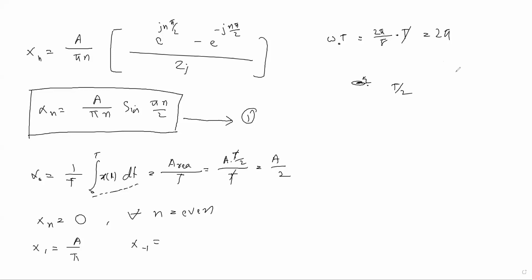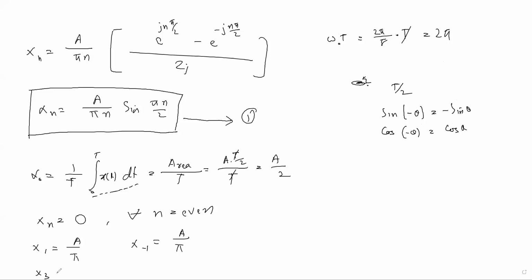Can anybody say what is sine minus theta equal to? Minus sine theta we can write. But what is cos minus theta? Cos theta only. So this will give minus 1, and here also minus 1, so minus times minus gives A by pi only. Understand?